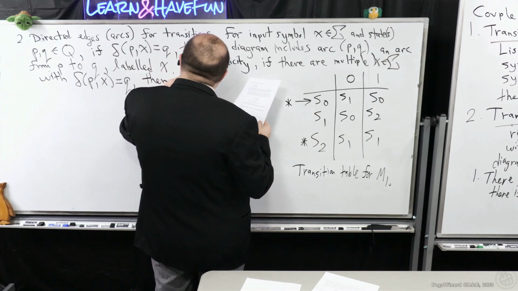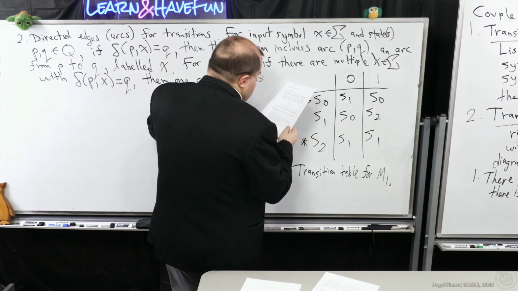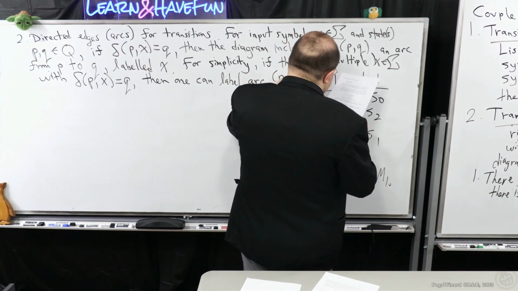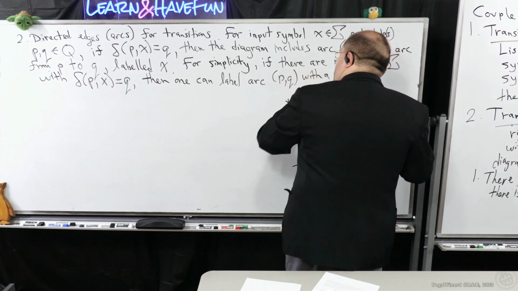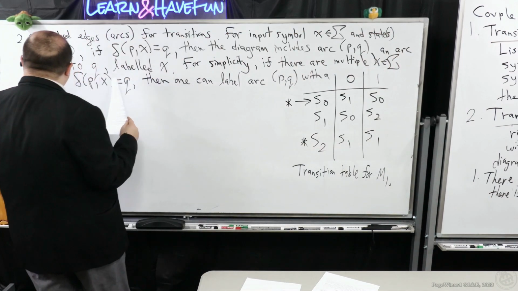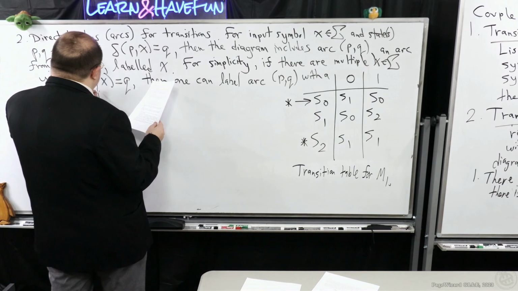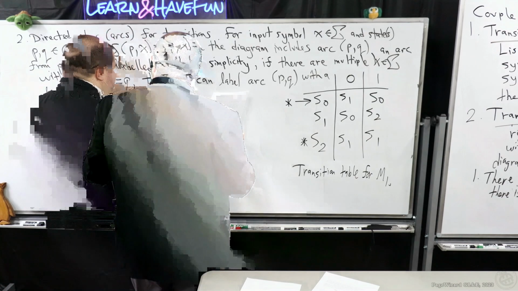Then one can label arc PQ with a list of all such input symbols. So you just have a list of symbols as opposed to just one.